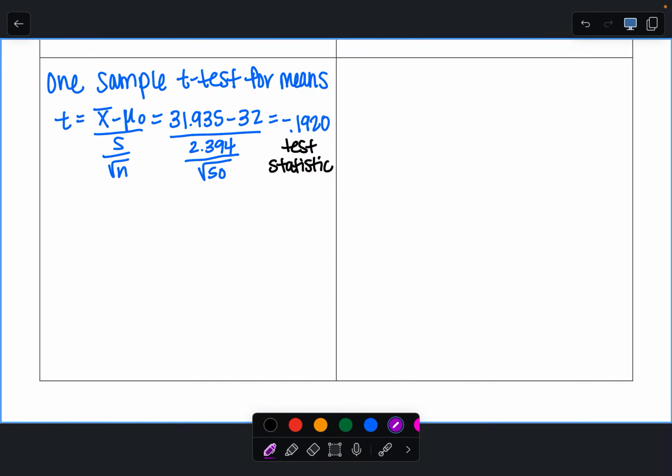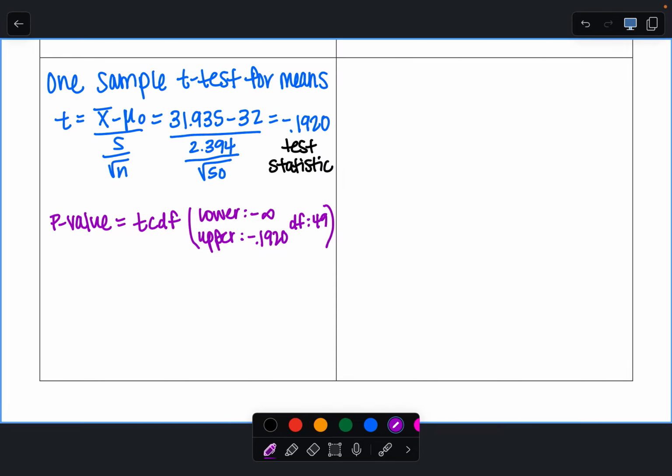Since my test statistic is negative, for the p-value, I'm going to do tcdf, with a lower of negative infinity, an upper of negative 0.1920, and my degrees of freedom is going to be 49. And that's one of the rules we just talked about at the very beginning. It's sample size minus 1. My sample size was 50, I subtracted 1 from it.